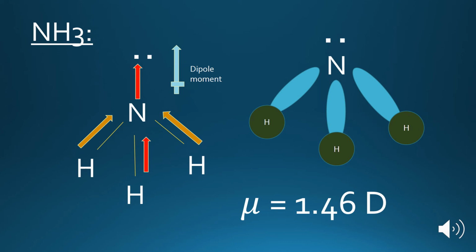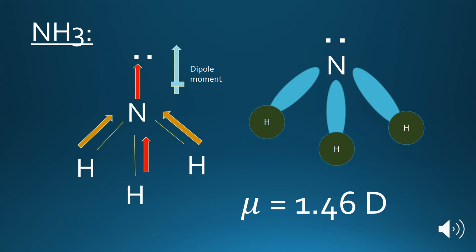But in the case of the lone pair, this arrow is pointed in an upward direction because the lone pair shows a high electron density in the upward direction. So the net dipole moment value is 1.46 D and the direction of the dipole moment is upward.